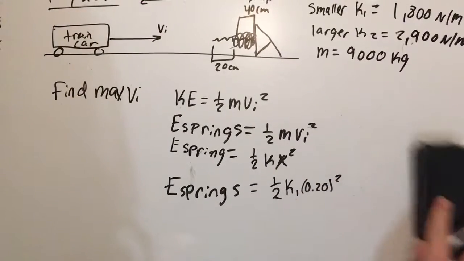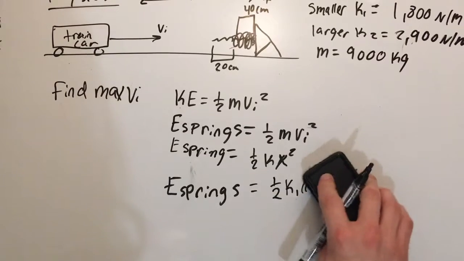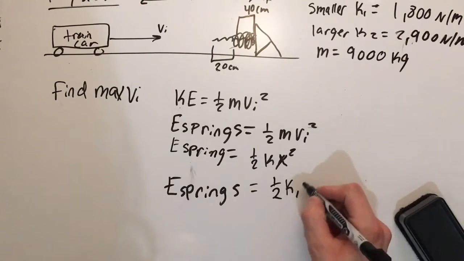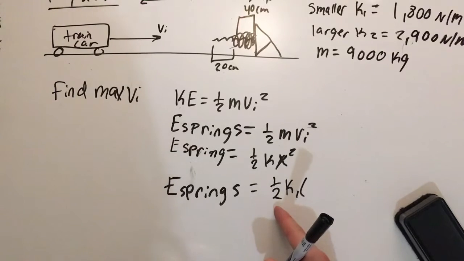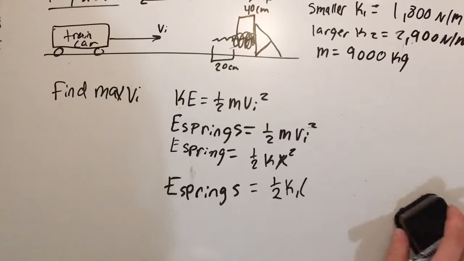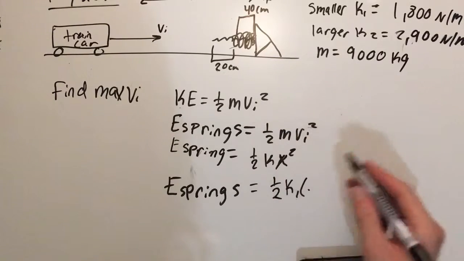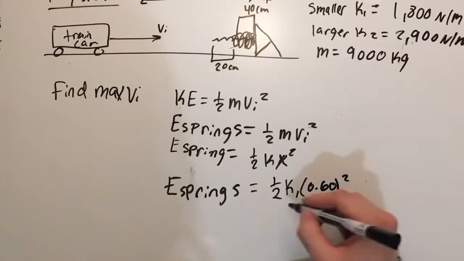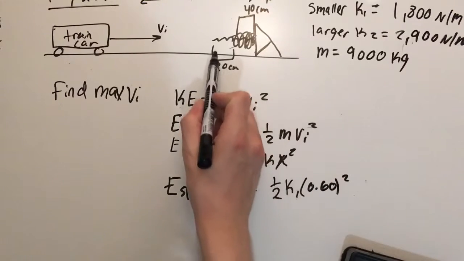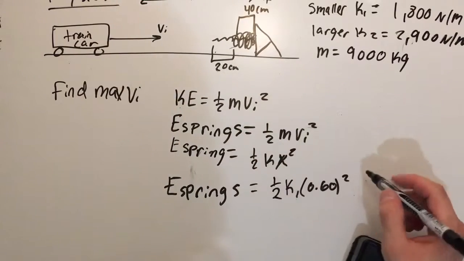The actual correct way of setting this up would be to list the entire change in energy, the entire energy that's going to be stored in spring 1, and that is 20 plus 40, so that's actually going to be 0.60 meters squared, the entire displacement from equilibrium for itself, so 20 and then 40 over.